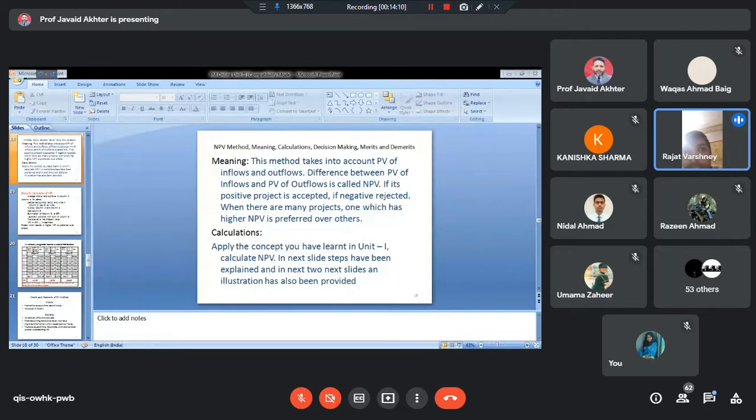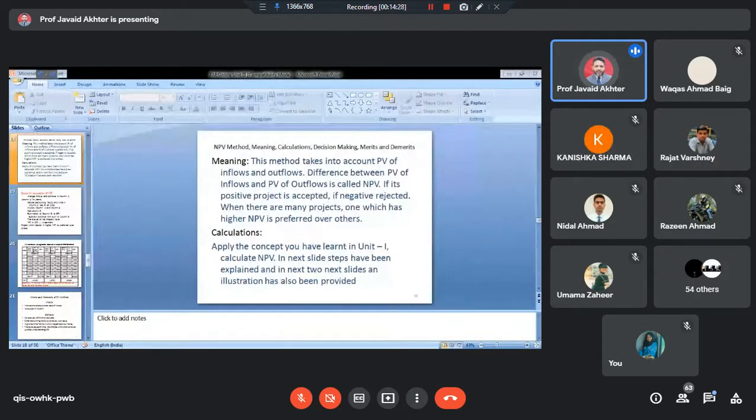If we invest that amount in government securities, the government will pay us 5%. We assume that rate; that is the concept of opportunity cost. So you have used that opportunity cost concept, and accordingly you have written.